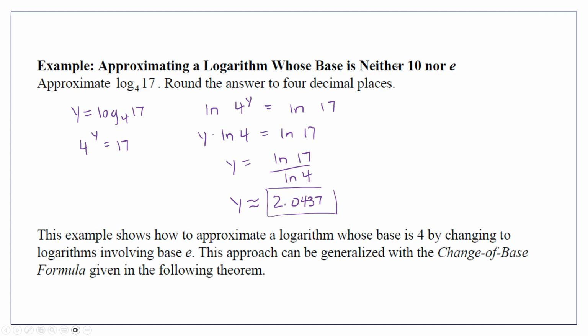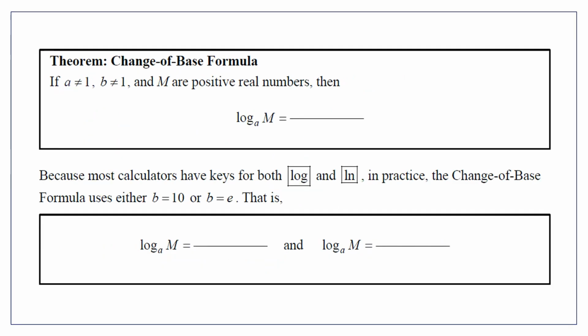This example shows how to approximate a logarithm whose base is 4 by changing to logarithms involving base e. We did that by applying the natural log to both sides. This approach can be generalized with the change of base formula given in the following theorem.